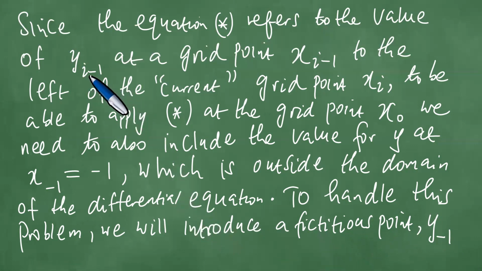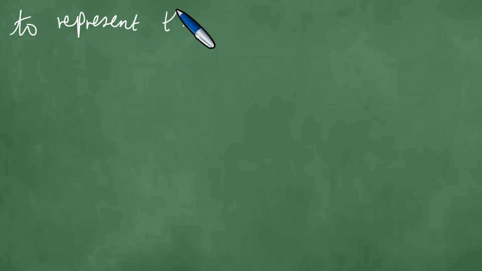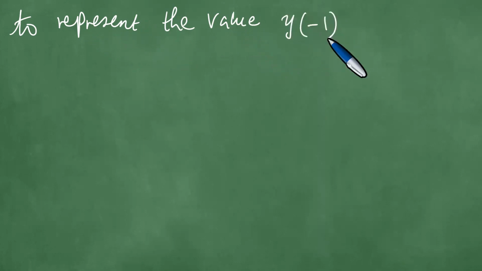Like at yi minus 1, this is at xi minus 1. For x sub minus 1, we consider the corresponding y to represent the value y evaluated at minus 1.